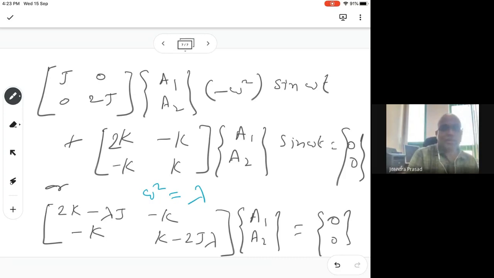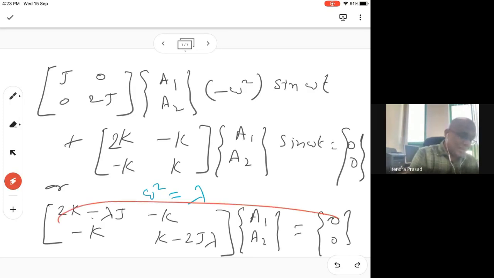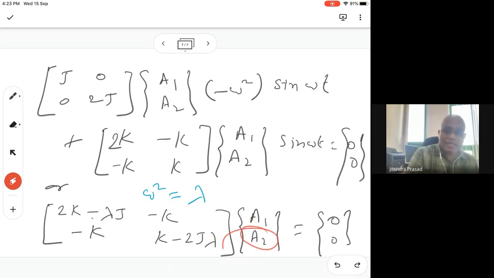One of the methods that we have followed in the lecture videos: if this is the linear equation, and we know that A1, A2 is a non-trivial solution, meaning A1 is not equal to 0 and A2 is not equal to 0, then it is only possible when the determinant of this is equal to 0, right?